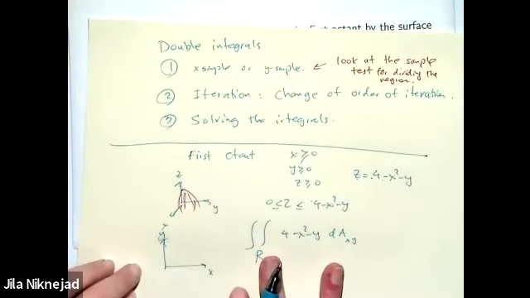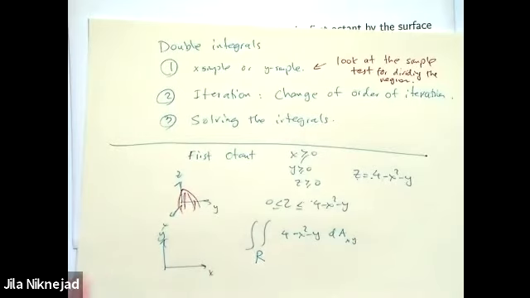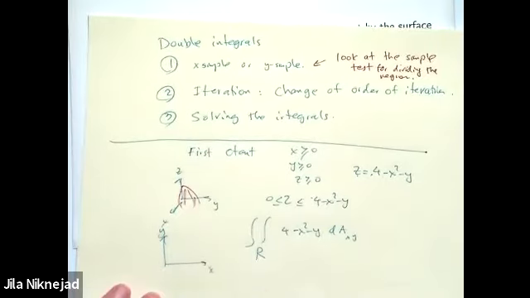So that's my goal. Now there are two questions: how do I find the region R, and how do I set up the iteration?